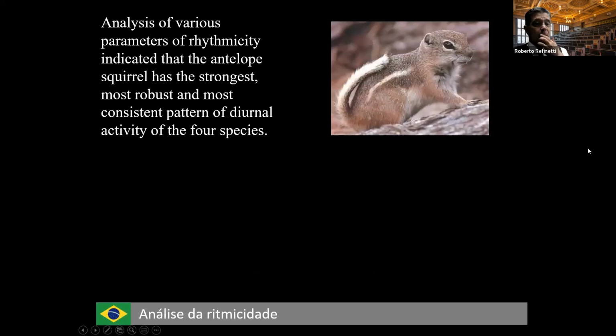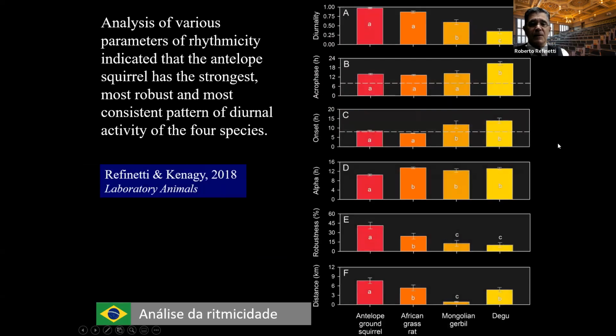All right. So analysis of many of these parameters of rhythmicity, which I'll show you in a second, indicated that the antelope squirrel has the strongest, most robust, and most consistent pattern of diurnal activity of the 4 species. Here are the data, and we're showing a number of things. This is the diurnality index, and the antelope ground squirrel is the first one in red.